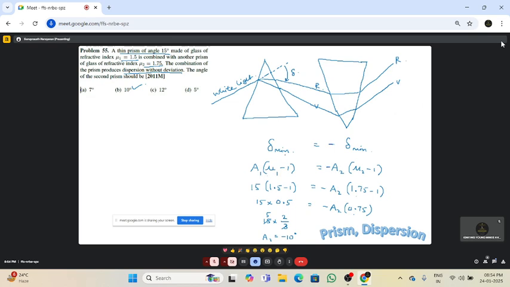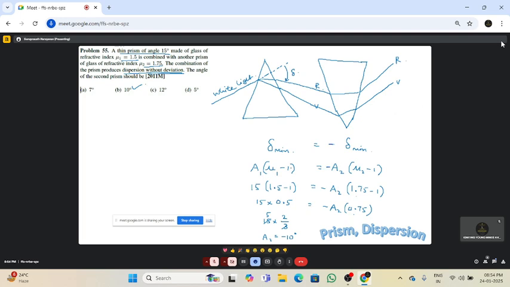So I am repeating one more time, look carefully. If this deviates 60 degrees in this direction, it must deviate back by 60 degrees in the opposite direction. Then this deviation and this deviation will cancel, and that is what we call without deviation. But this dispersion will be there.